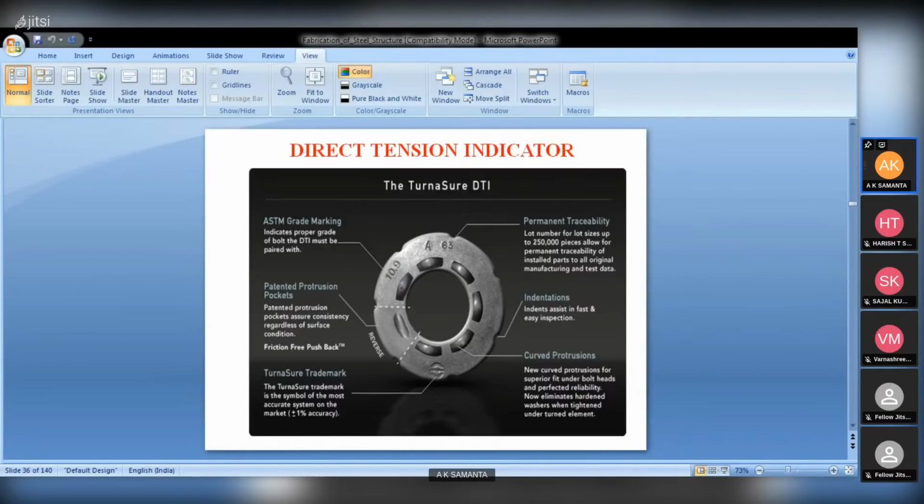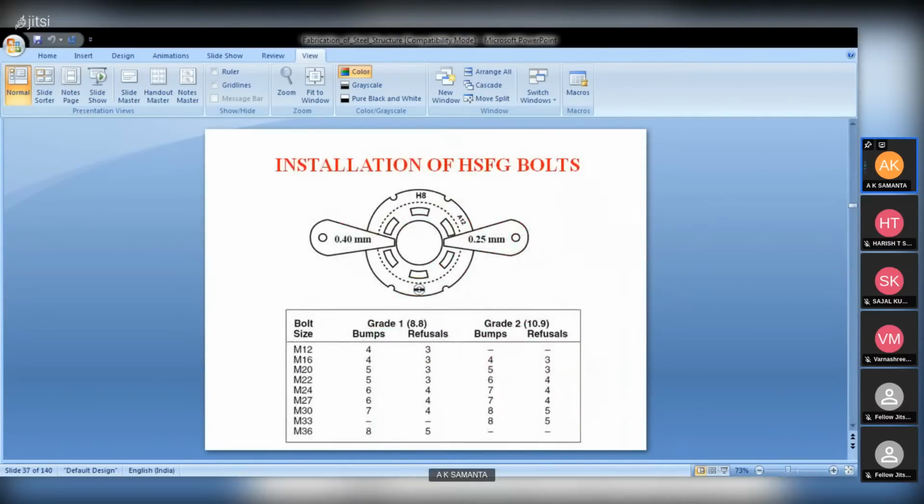So you see that one direct tension indicator figure is there. Here there is a projected portion, and when you tighten the nut, this projected portion will shrink or be pushed down, and it should be pushed down in such a way that the filler gauge, depending upon the size of the bolt, will not pass into the gap between the nut and the direct tension indicator.